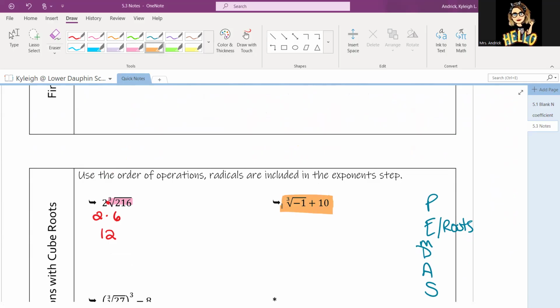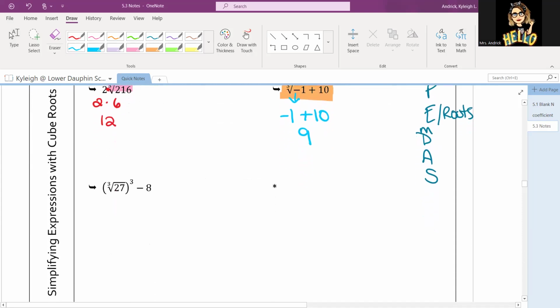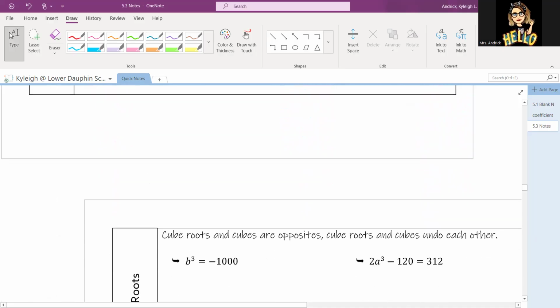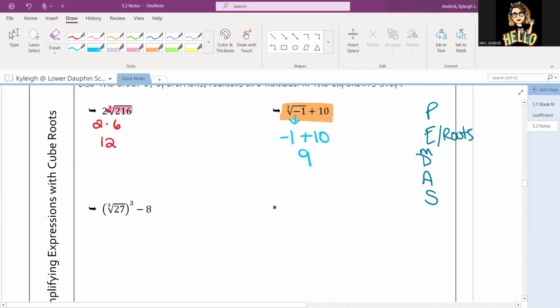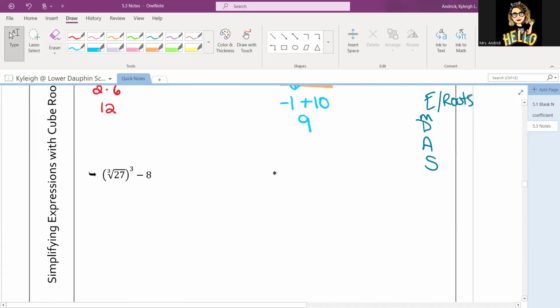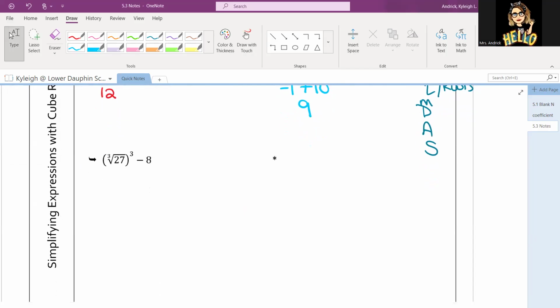So hopefully you've discovered that the cube root of -1 is -1, plus 10 is 9. Okay? So then we are going to do this next one.